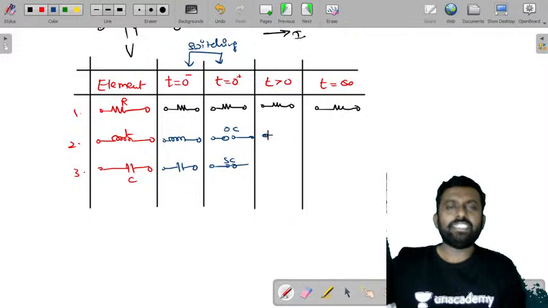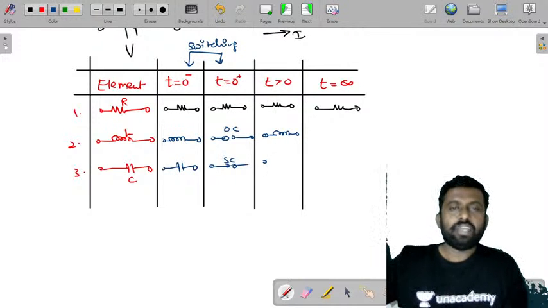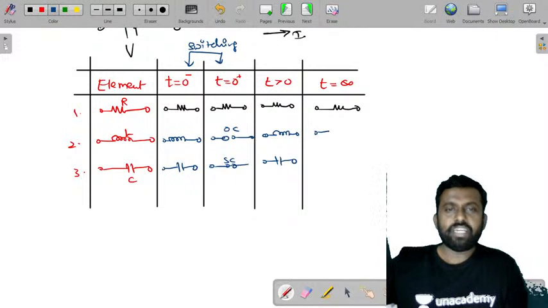And at t greater than 0, the inductor acts like an inductor and the capacitor acts like a capacitor. At t equal to infinity, the inductor will act like a short circuit and the capacitor will act like an open circuit.